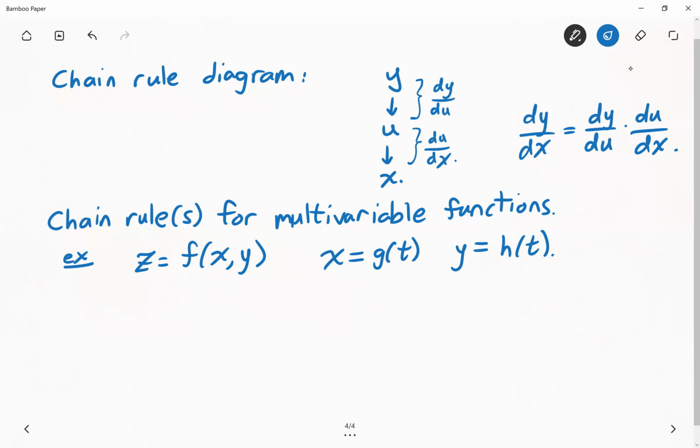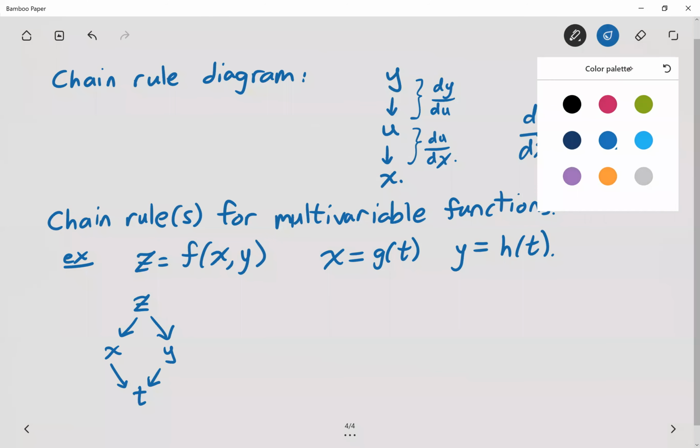In this case, the diagram is a little bit more involved, not too bad. z depends on two variables, x and y. x and y themselves both depend on the variable t. So as we change the value of t down at the bottom of this diagram, that's going to indirectly change the value of z. And our question in calculus is, how much does it change that value?